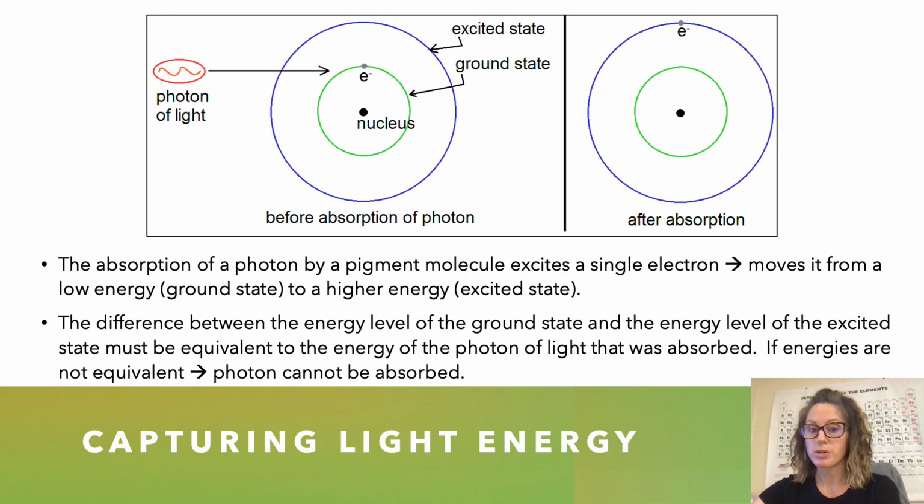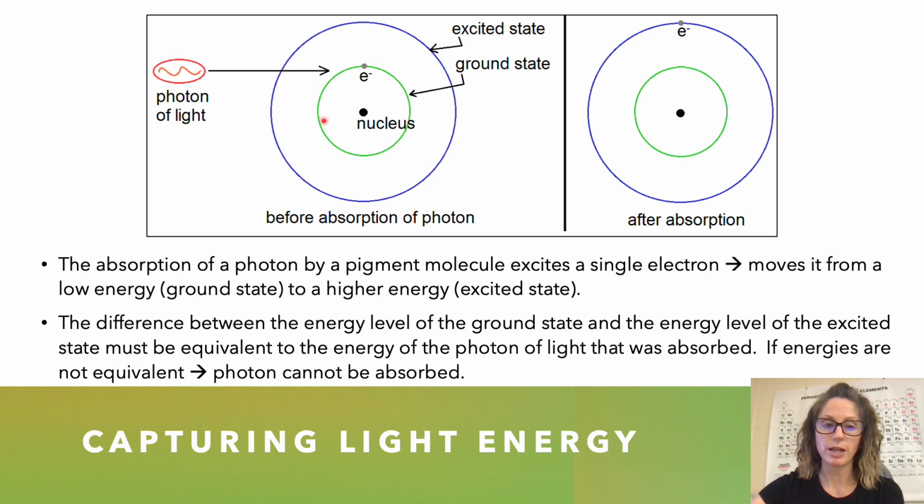So let's talk about what happens, some hypothetical situations from chemistry. What happens when a photon of light is absorbed by an atom? What's going to happen if we have our photon of light? If it hits an electron, this electron can get energized and jump to the next excited state, so a higher energy level.